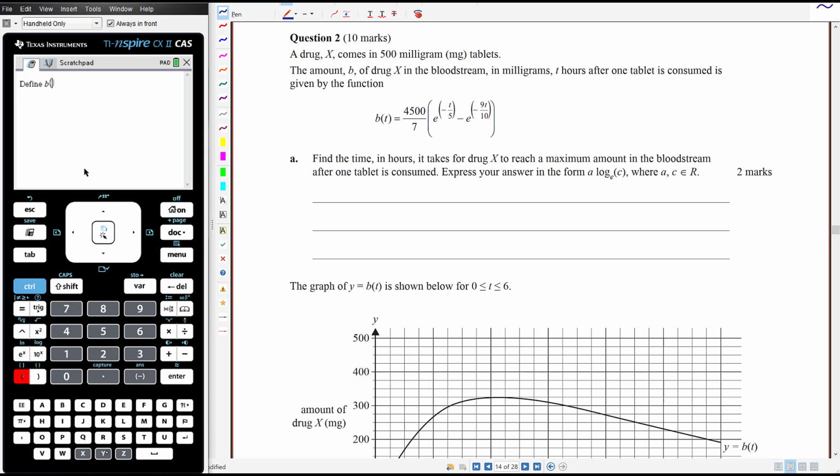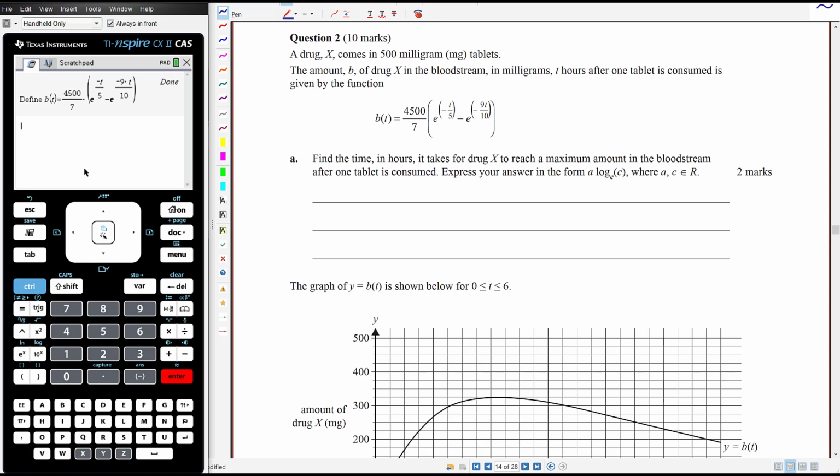I'm going to define B of t, and it is equal to, control divide, 4,500 on 7 times e to the negative t on 5 minus e to the negative 9t on 10.